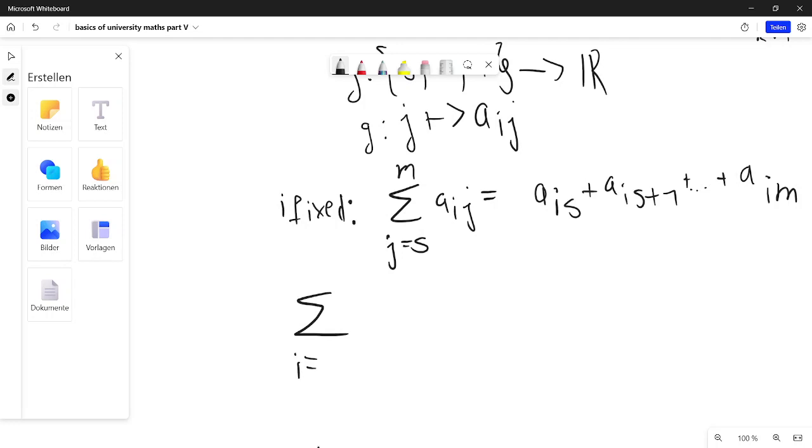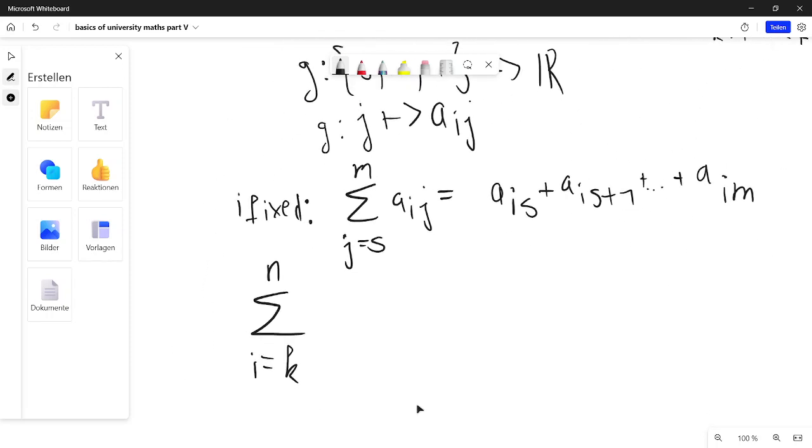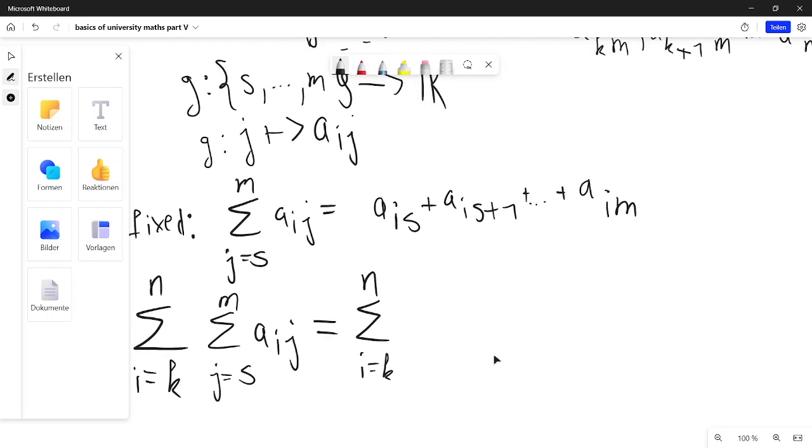I equal K to N, and we had J equal S to M, A_ij is equal, and now we know here we go through all I's from K to N, right?